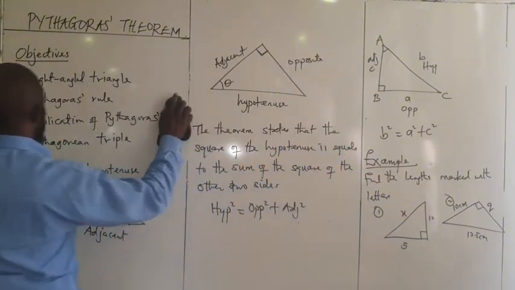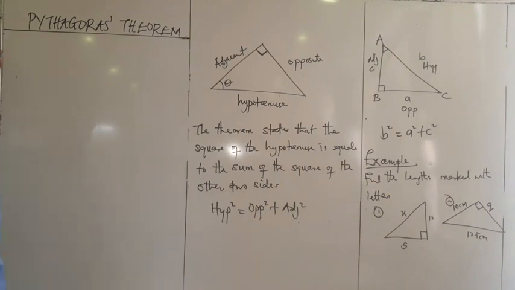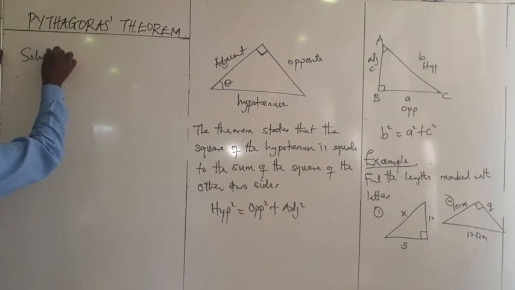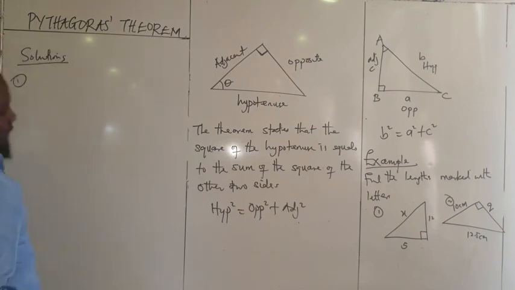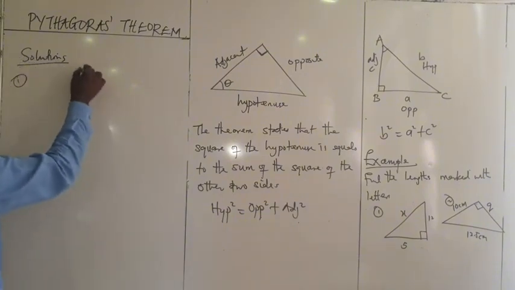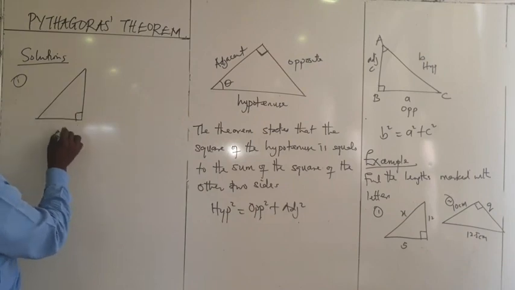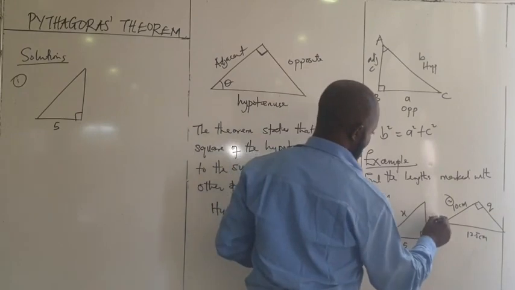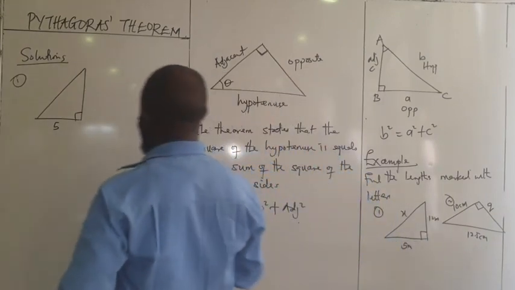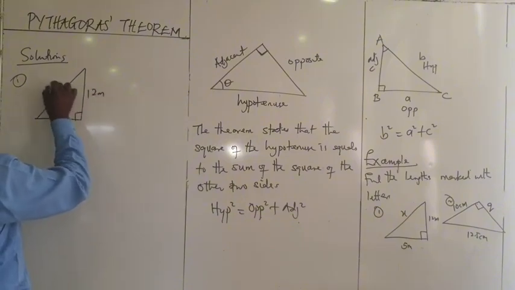So how do we go about that? To solve the first one, let's write it again. We have 5 meters, 12 meters, and then x.